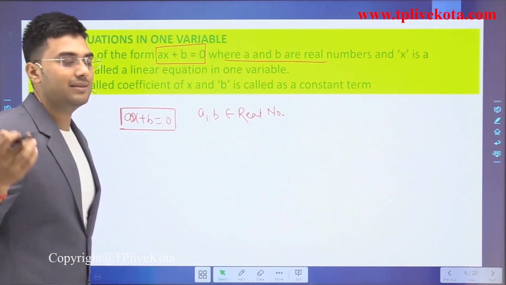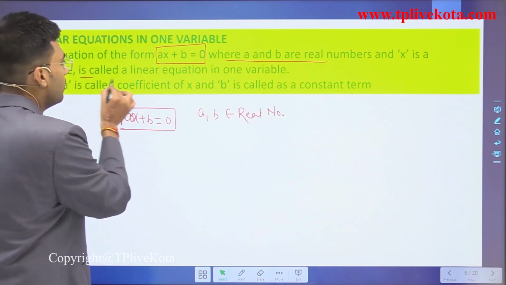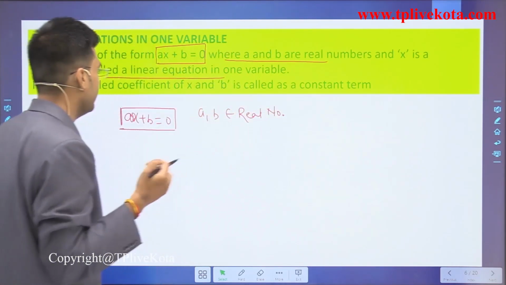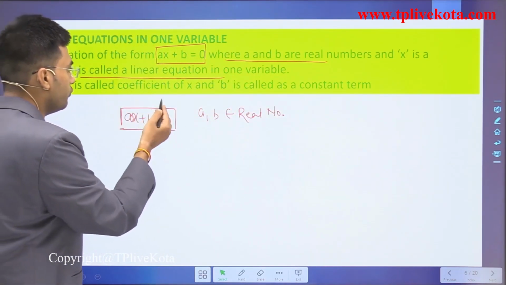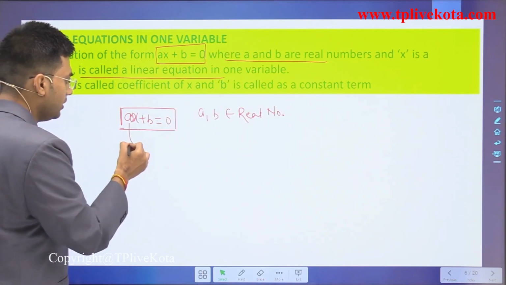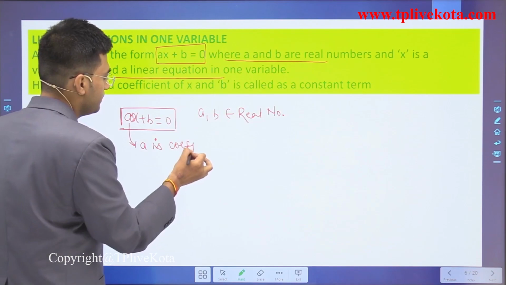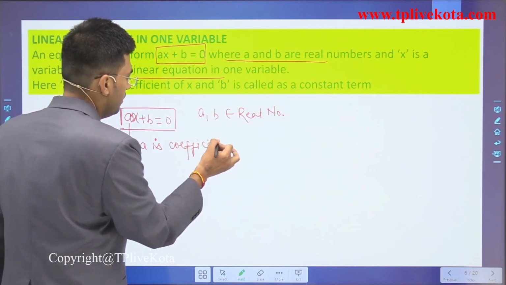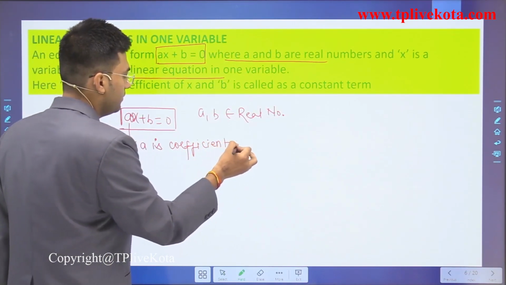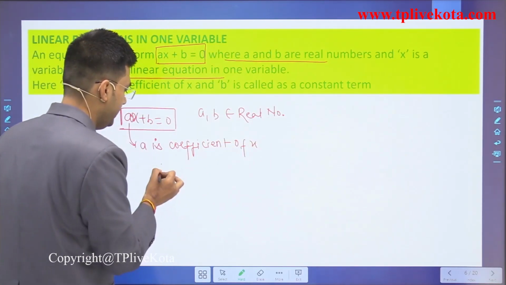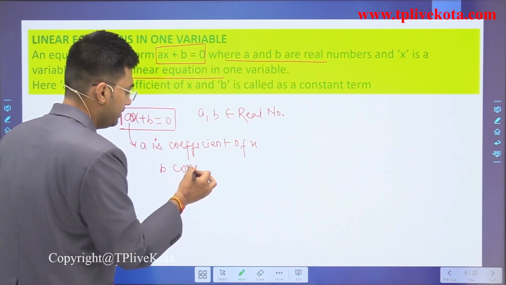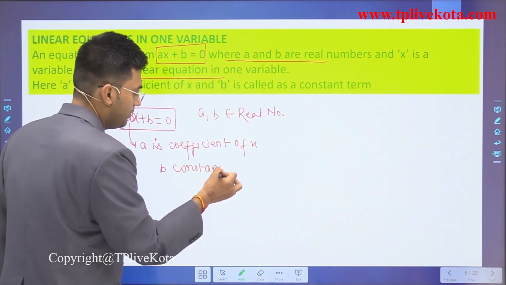This is called a linear equation in one variable. Here a is called the coefficient of x, and b is the constant term.